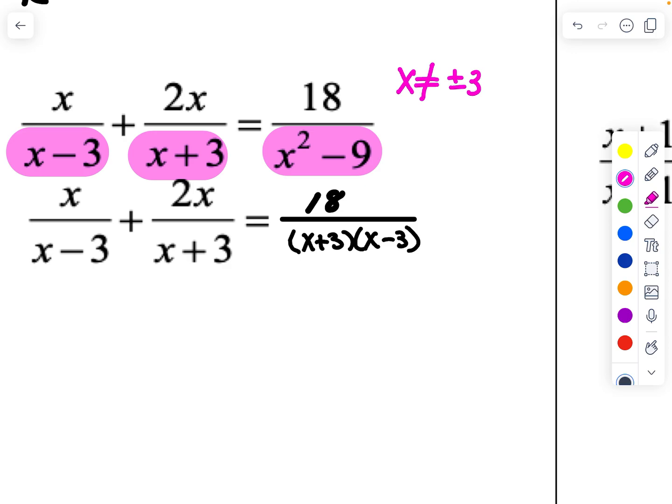So when we do this math problem, if we get the answer to be positive 3 or negative 3, we have to exclude it from our answers. Okay? All right. Now we're going to see what the denominator is going to be. And the denominator is going to be x plus 3, x minus 3.